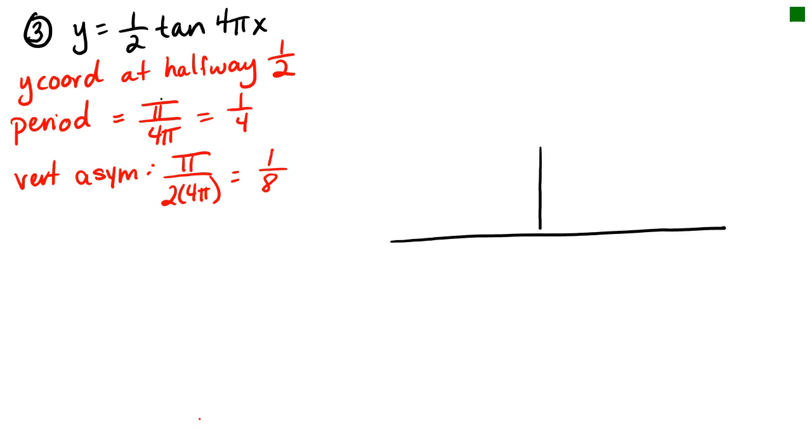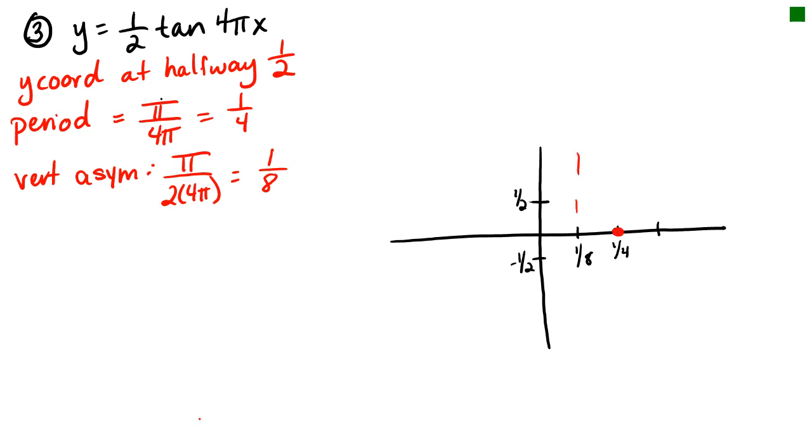Let's draw this guy. We're going to go to a half and negative a half. Our period's a fourth. Our vertical asymptotes are at an eighth. So 1/8, and then there's another asymptote, this is going to be at 1/4, that's where my x-intercept's going to be.